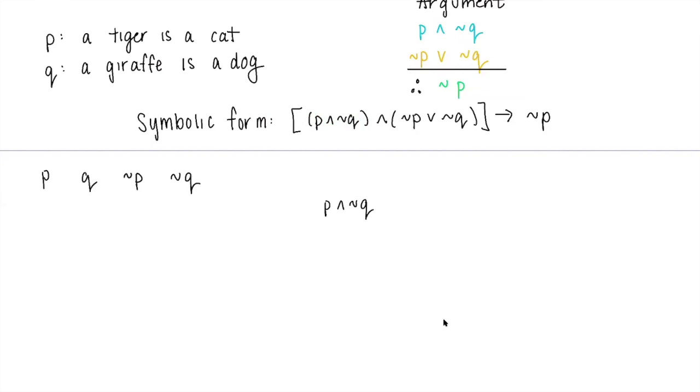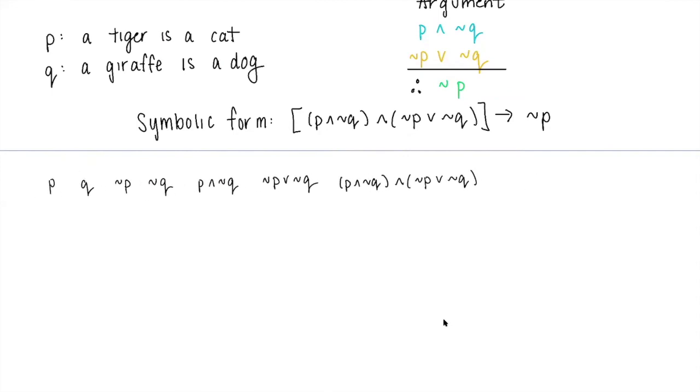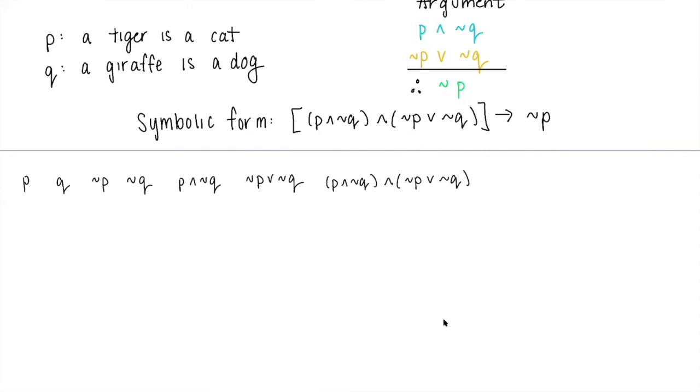You've got the two statements, go ahead and just put their negations next. Now I can find premise 1. We can find premise 2. We can find premise 1 and premise 2 together. And now we have everything we need to be able to talk about the full argument.